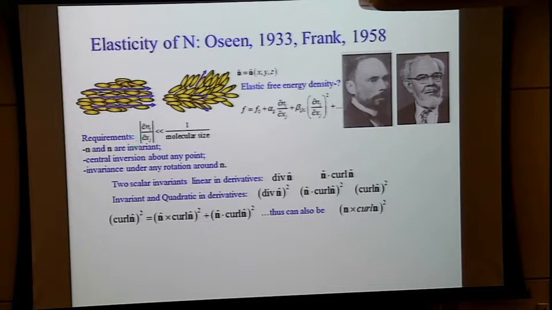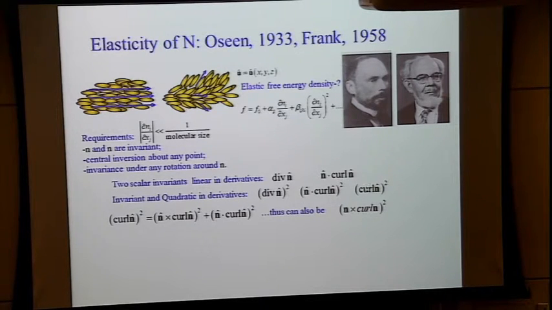It satisfies everything except central inversion. But again, if I take the square of the thing, then it will be a very good candidate. And then I would consider n cross curl n. It's also a good candidate. So these three are very good terms to be in the free energy expansion.